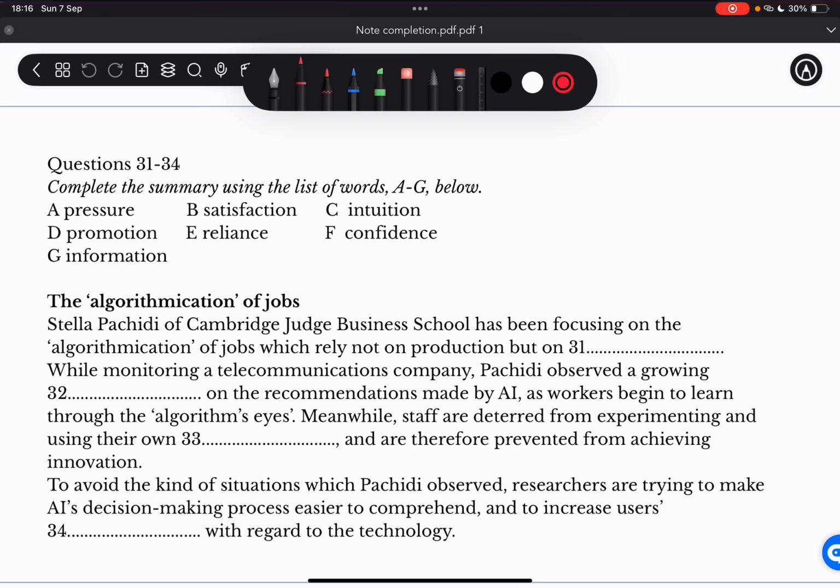We have to take the words from this list. And about summary completion, it's unlike note completion where you actually focus on one part of the text. For summary completion, you have to be looking at the whole parts of the text, as it is summarized into a short passage.